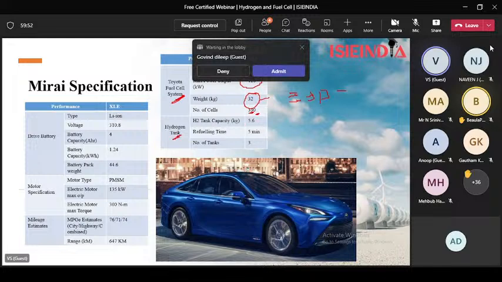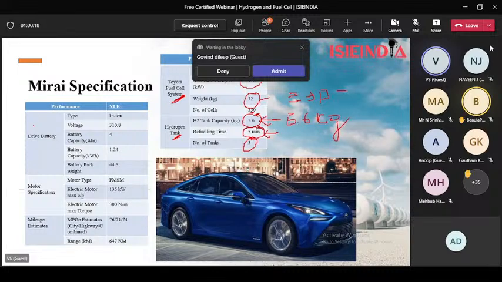And now we are talking about the hydrogen tank, where the hydrogen will be stored. The total number of tanks is 3, and its refueling time, the time taken to refuel the hydrogen, is 5 minutes, and the total overall capacity of hydrogen that can be filled is about 5.6 kilogram. So these are some specifications.